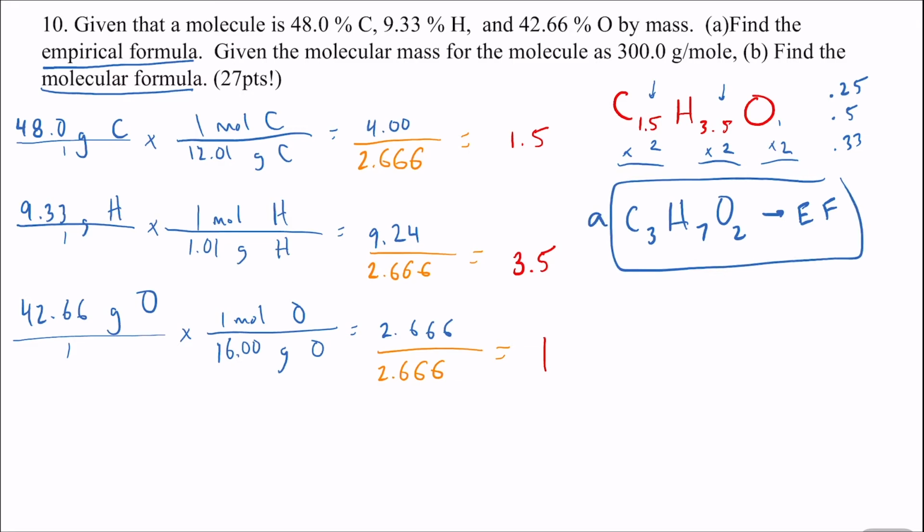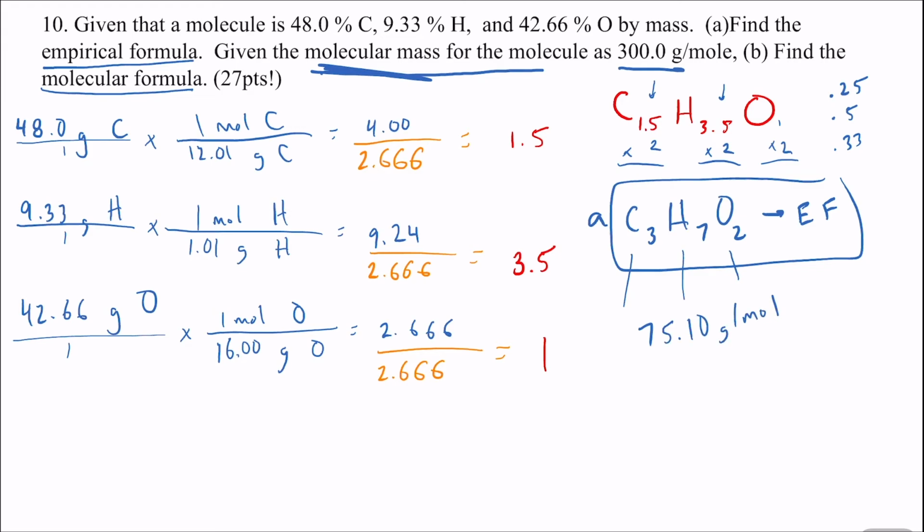Okay, the next thing we have to do is look, all right, they gave us a molecular mass of 300 grams per mole. And so now we have to figure out the molecular formula from this. So we need to take these numbers and figure out the molecular mass of the empirical formula. So once we do that, we will come up with 75.10 grams per mole.